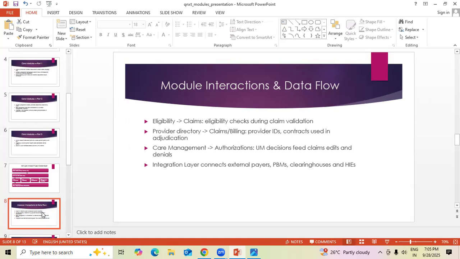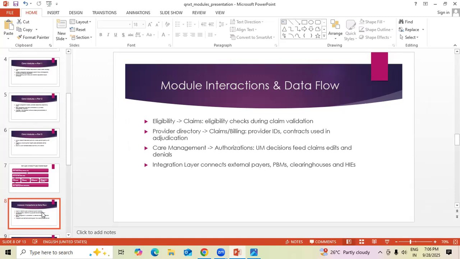Next one is about the integration layer connects. As I told you in the beginning of the session, we have to connect with some integration systems, some clearing houses. For example, a provider has submitted a claim form, so the payer will receive it. Before the payer receives it, there will be clearing houses in between, which are third-party companies. They will verify and validate whether all the claim data was properly mentioned or not.